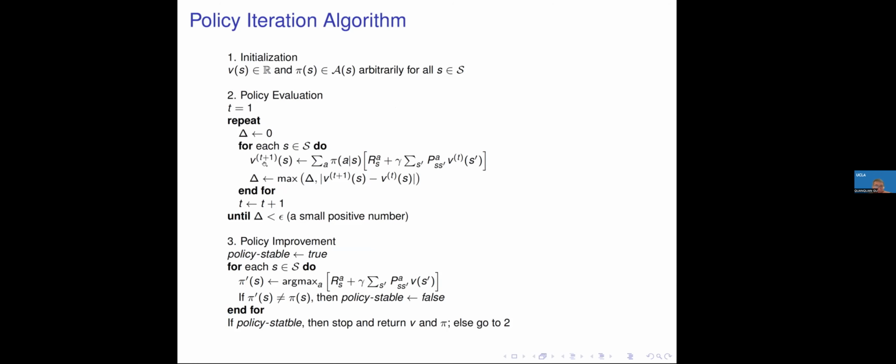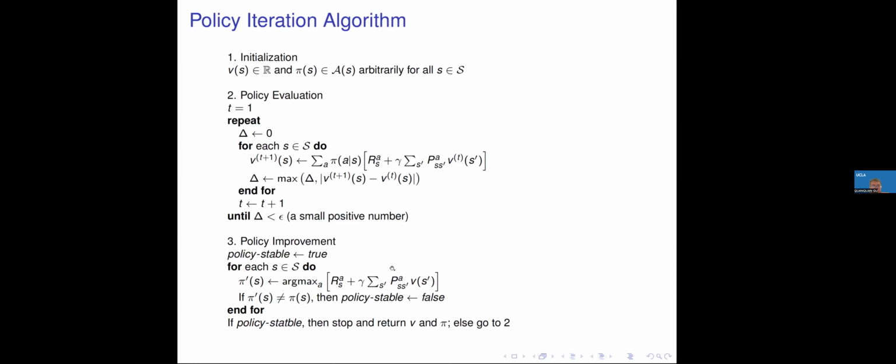From some initial V0(s), we use this fixed point iteration to evaluate the value of the policy pi until some convergence criterion is satisfied. And then we use the greedy policy to improve the current policy. Steps 2 and 3 are repeatedly called until convergence.